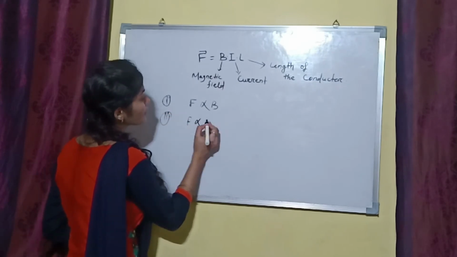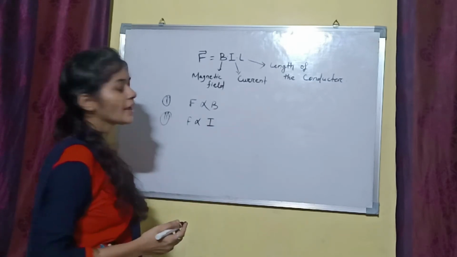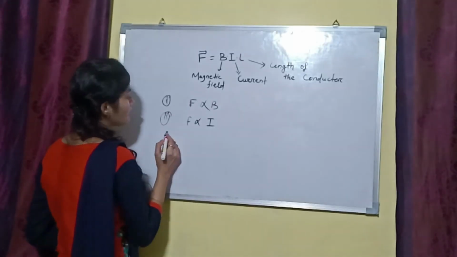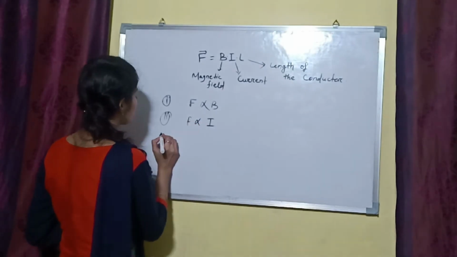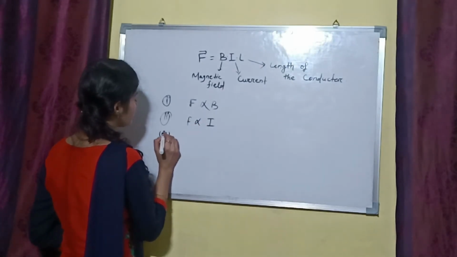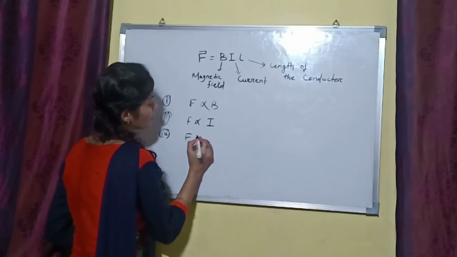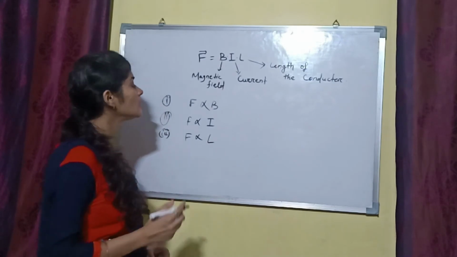Force is directly proportional to I. We can increase the force by increasing the current flowing through the loop, or by providing more current, the force will be more. And the last is force is directly proportional to L, that is the length of the conductor.